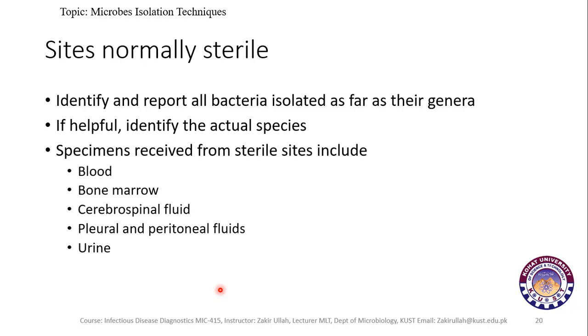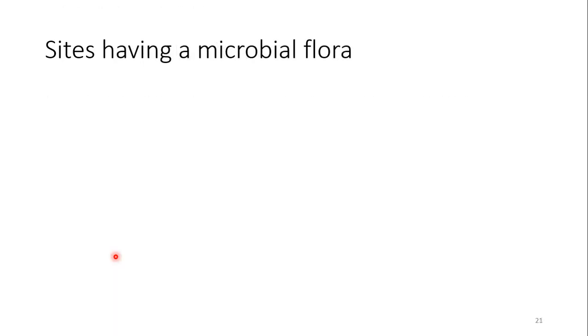The specimens which are received from different sterile body sites include blood, bone marrow, cerebrospinal fluid, pleural and peritoneal fluids, and urine. These are specimens which do not have any microbes or microbial flora.